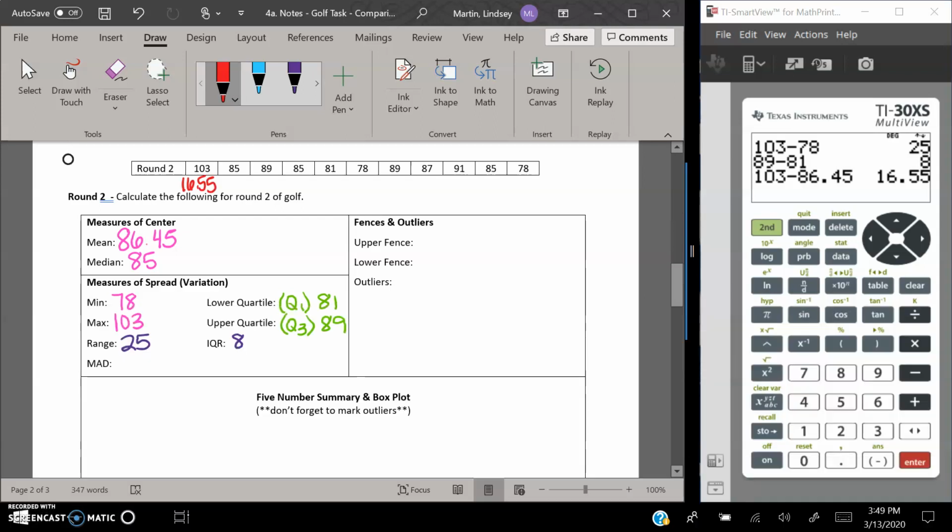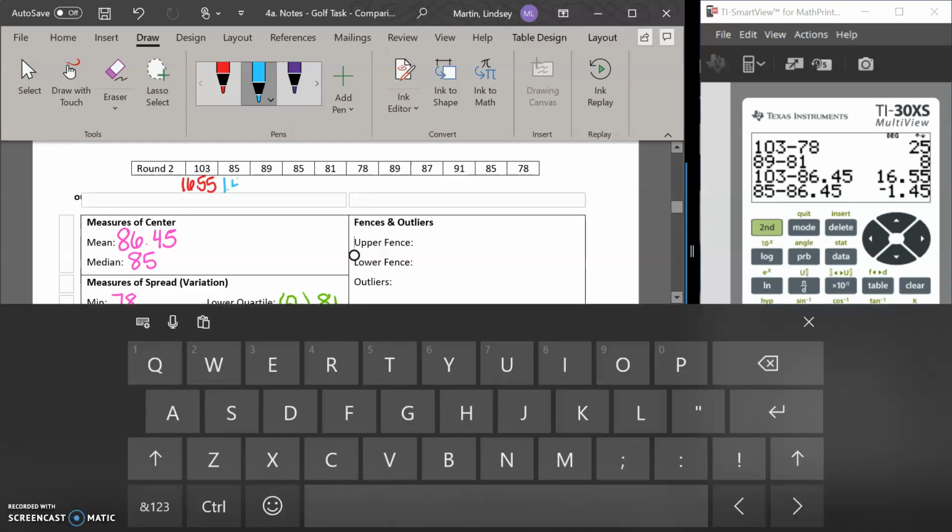Then we'll take 85, subtract 86.45, and we'll get negative 1.45. Remember that we're not doing negatives here, we're taking the absolute value, so this gives me 1.45.